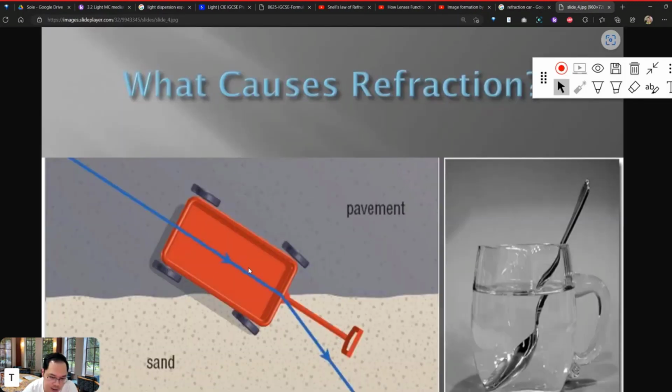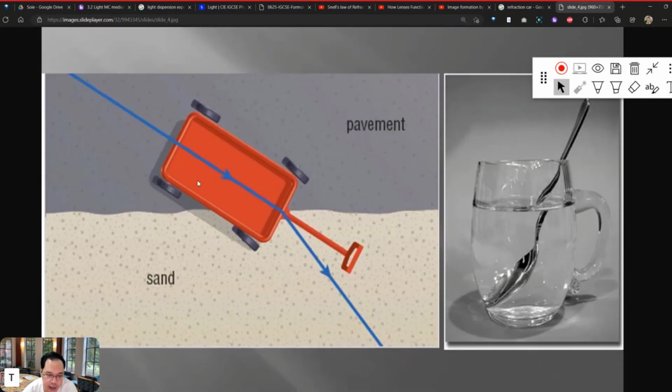This is a toy car, but it's similar to a real car. We have two media, the pavement, like concrete, and the sand region. The car travels in this direction, passing through the boundary between the pavement and the sand. This front wheel enters the sand region first, and this wheel is slowed down because the sand has greater resistance, greater friction. So this wheel is slowed down.